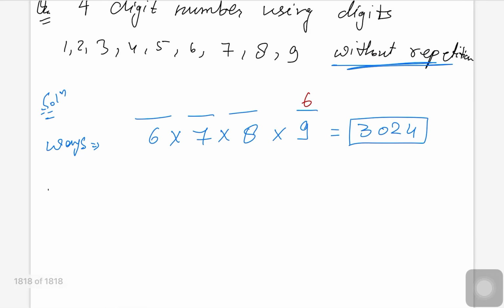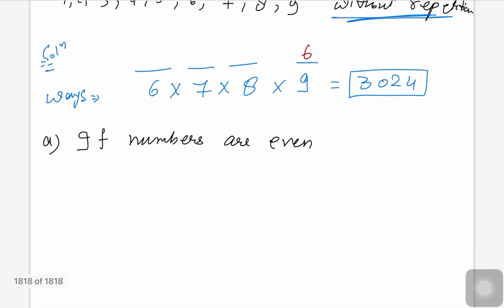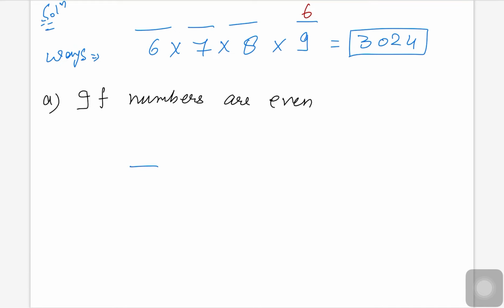Now, the question is the same, you have to make a 4-digit number using these digits without repetition. But if the numbers are even, in better words, 4-digit even numbers.